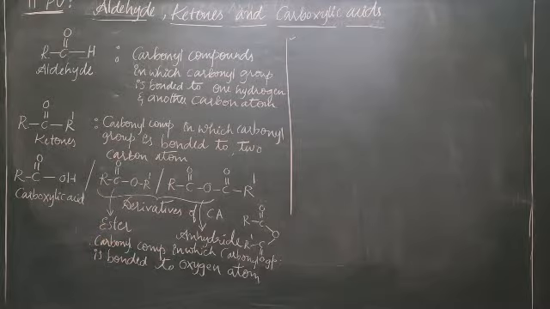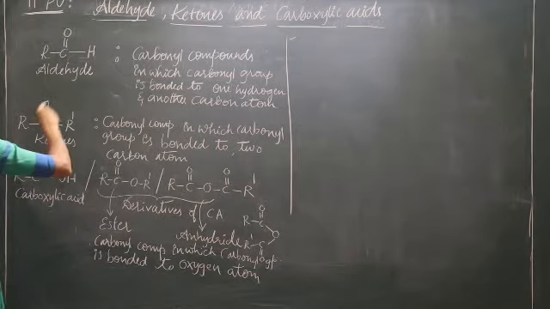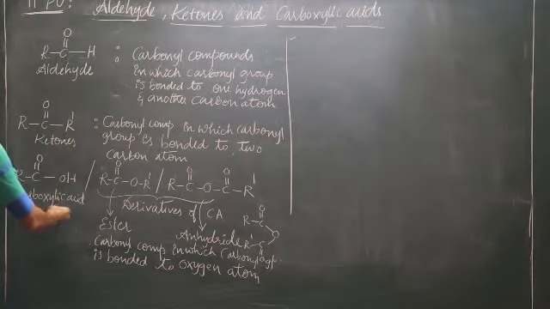This is about aldehydes, ketones and carboxylic acids. Hope it is clear for you, right? In this unit we are going to discuss these three compounds: aldehydes, ketones and carboxylic acids and their derivatives, right?